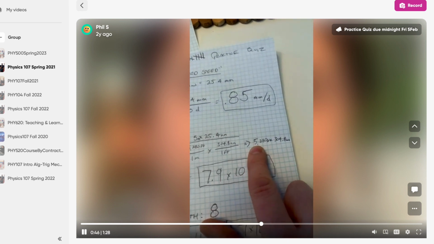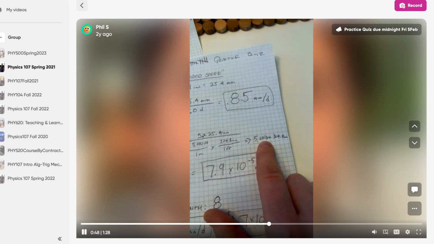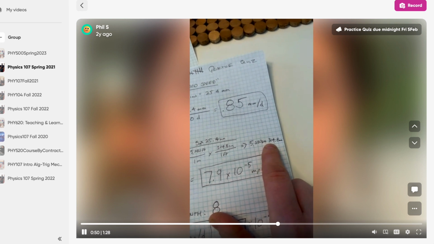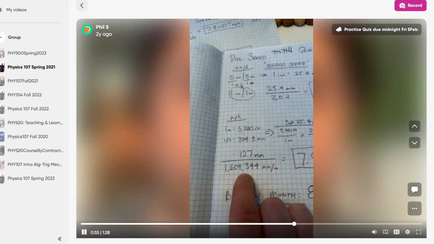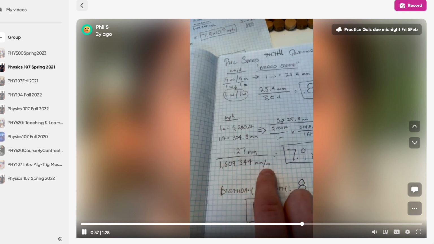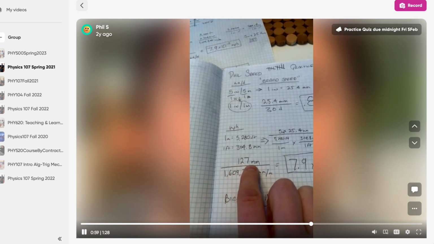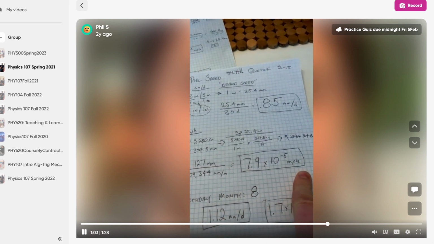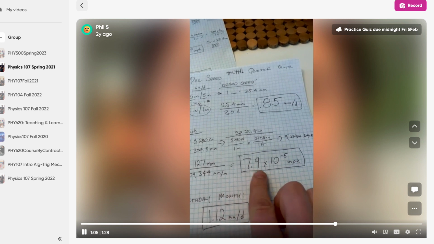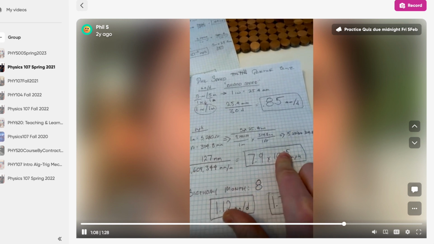So then we get 5,280 feet times 304.8 millimeters, and that gives us 1,609,344 millimeters in a mile and 127 millimeters that his beard grew in the 5 months. It gives us the grand total in miles per hour of 7.9 times 10 to the negative 5th power.